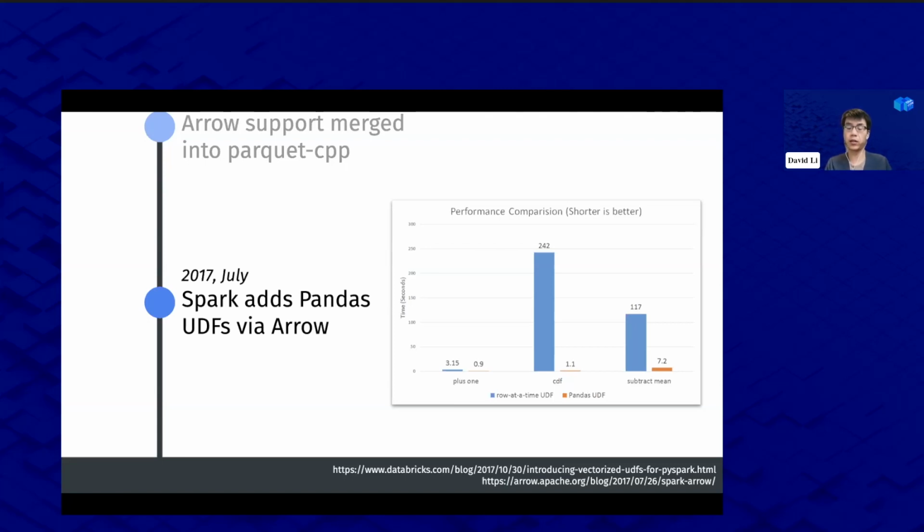When they adopted Arrow for this use case instead, Spark could serialize a whole batch of data at once into Arrow arrays, pass the Arrow arrays to Python using the IPC specification, and then load a whole bunch of data at once into Python. They could then use the Python Arrow and Pandas integration that we just talked about to convert the data into a Pandas data frame to allow Python users to use a familiar API.